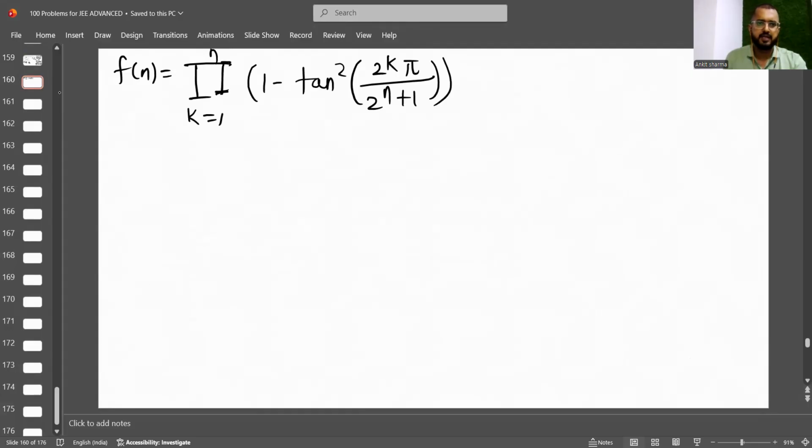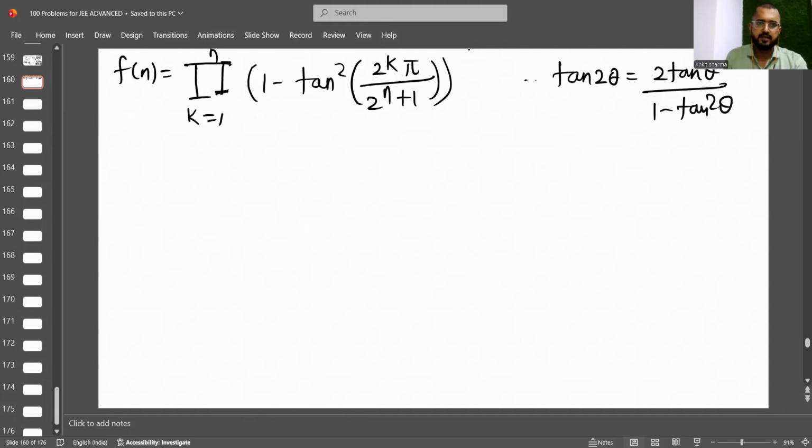Now we have the product, and we want to find the value of this as a function, so we want f of n clearly. So we'll go for finding the product for this. We know tan 2 theta is 2 tan theta over 1 minus tan square theta.